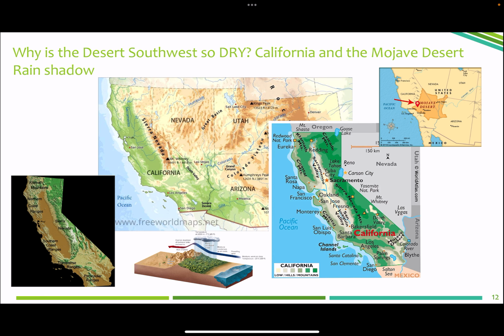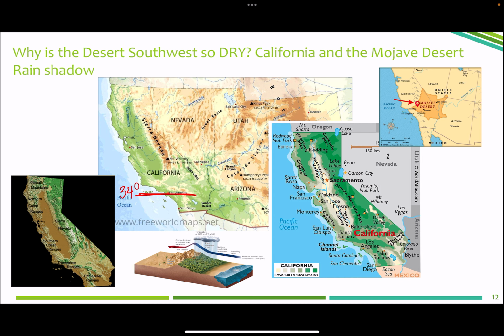So here's a picture of Southern California. Southern California and the desert Southwest is dry for two different reasons. One is that Los Angeles is situated at approximately 34 degrees latitude, 34 degrees north. That falls right into that 30 to 60 degrees latitude where we have our driest regions.